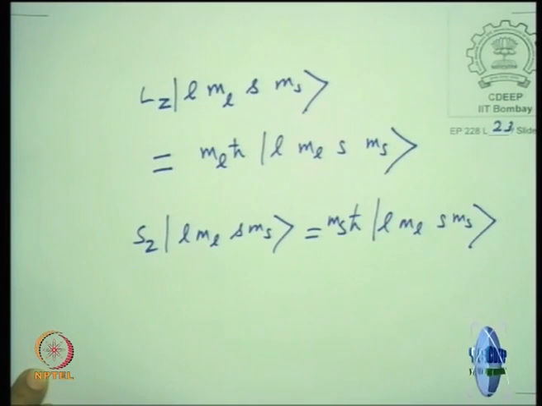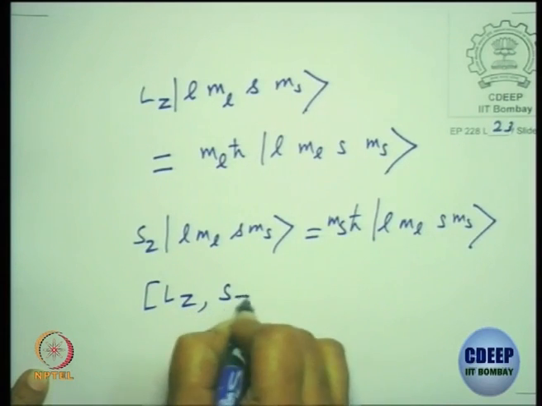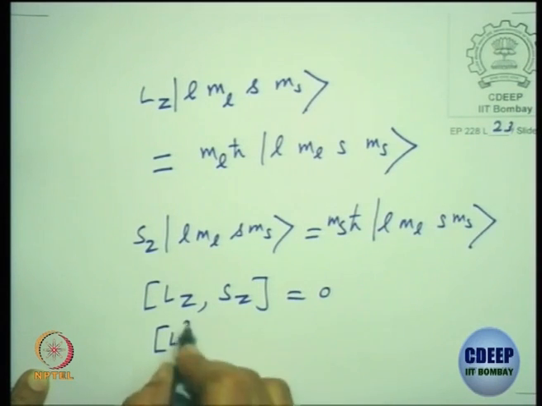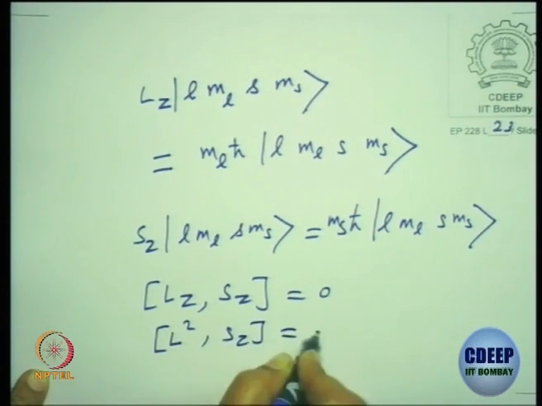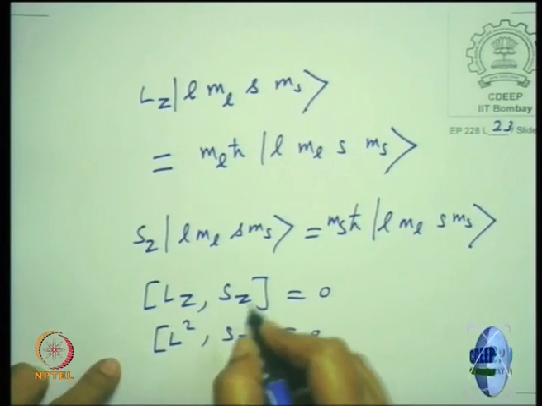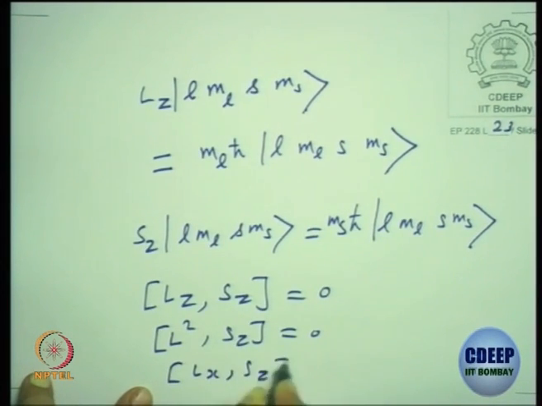Fine. So these are the things which tell you that I can say that LZ with SZ is 0. I can even do further things, that L squared with SZ is 0 and so on. Okay. So you can show L squared with LZ is 0, L squared with LX is 0, LX with SZ is 0 and so on.